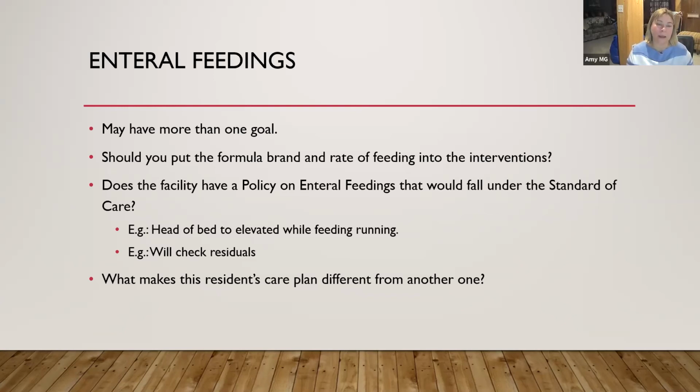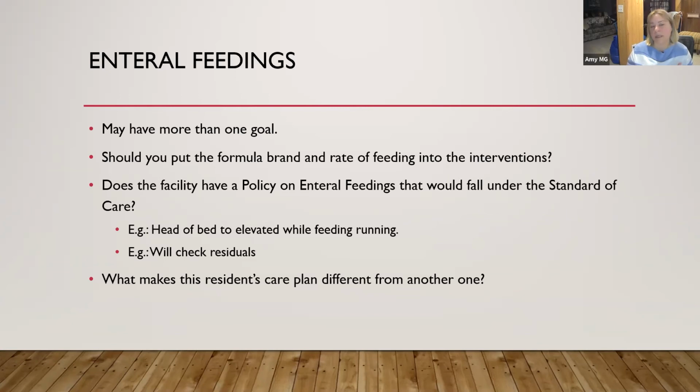And there should be some standards of care with that. If you're on a tube feeding, you're going to have the head of your bed elevated while the feeding is running. Is it that facility's standard of practice to check residuals? Just what are the standards of care in that particular facility for enteral feedings?